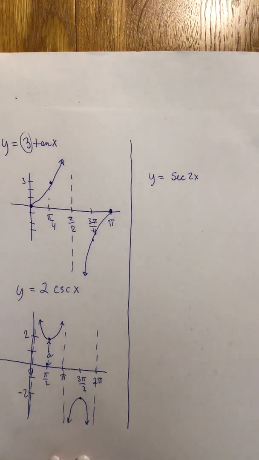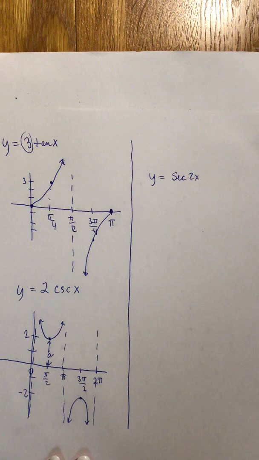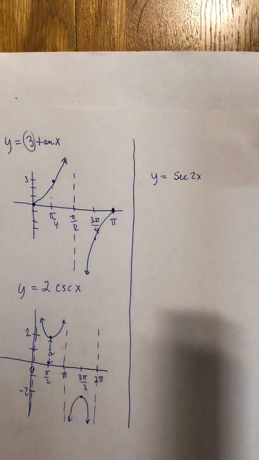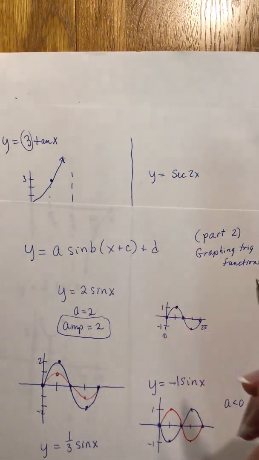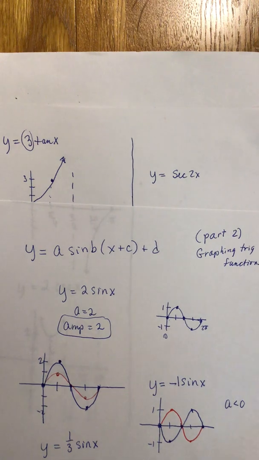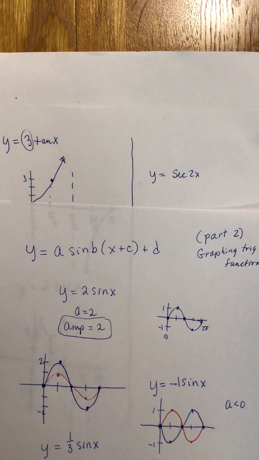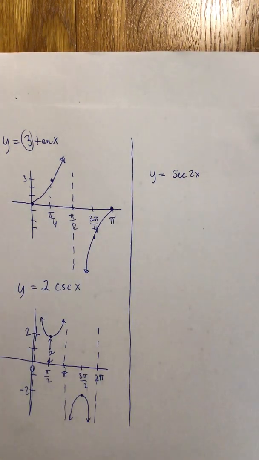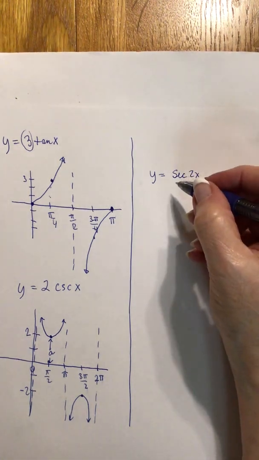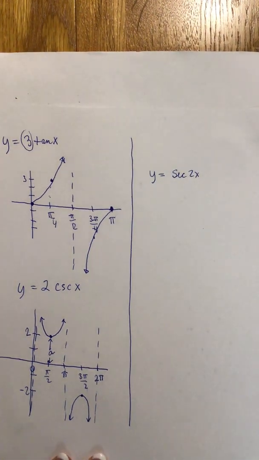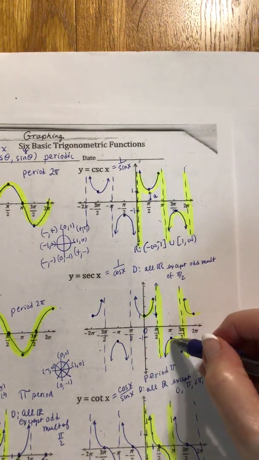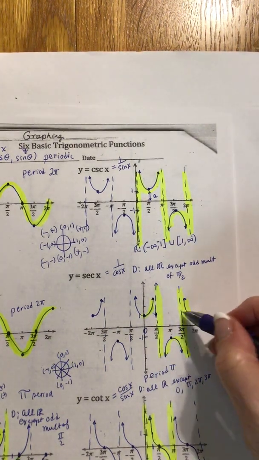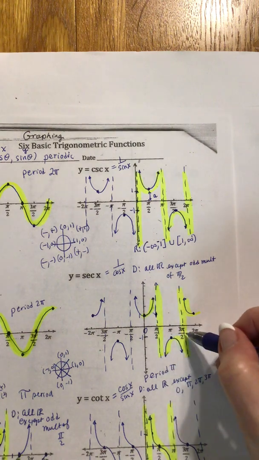So if I looked at my formula, the b is between the parentheses and the trig function. We don't have a c or a d or an a. Well, we do have an a. The a is a 1, but it doesn't change anything. So we know our secant graph looks like this: up, asymptote, down, asymptote, up again. So it has this one piece, right?